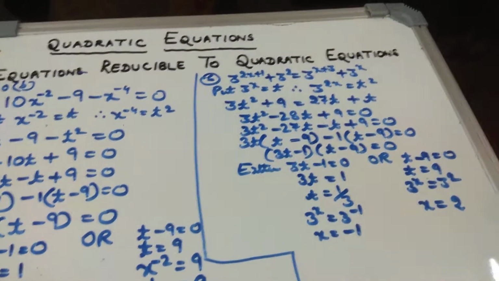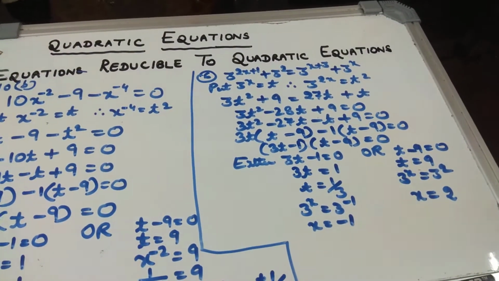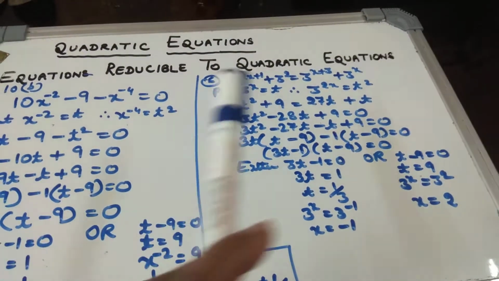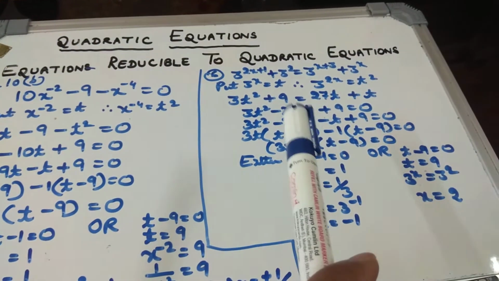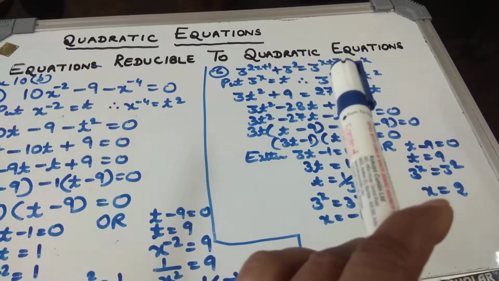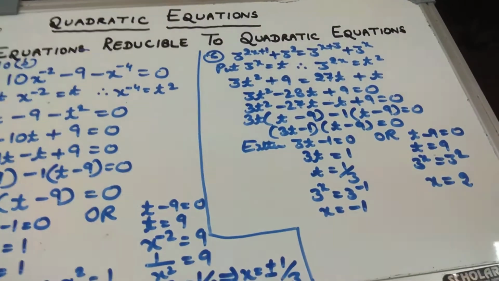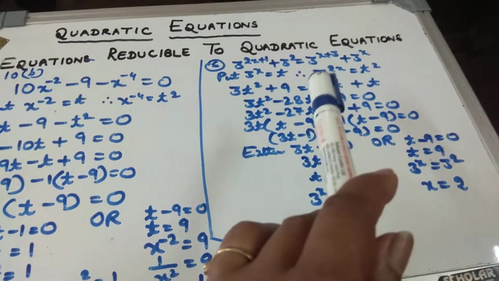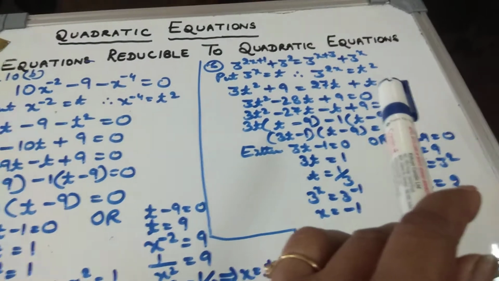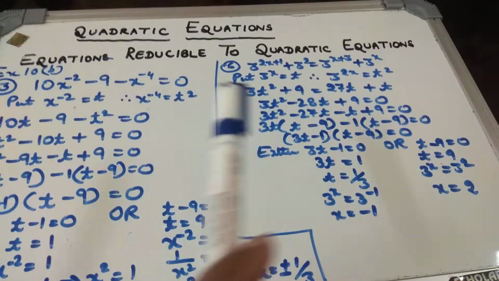Just see how we are doing the substitution and how we are reducing it to a proper form. Of course, 3 square is plus 9, so no confusion. Now the next term is 3 to the power x into 3 cube, and 3 cube is 27. So this becomes 27t, and of course this is plus t. I hope this much is clear.